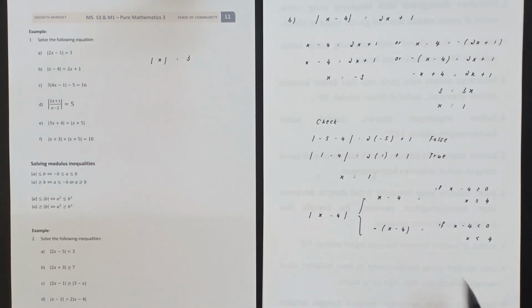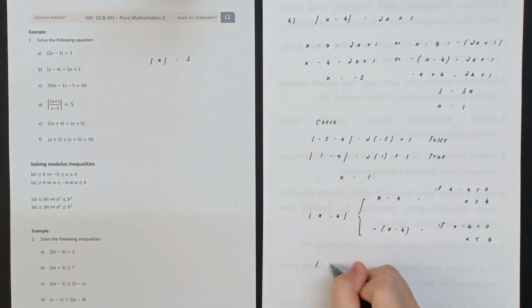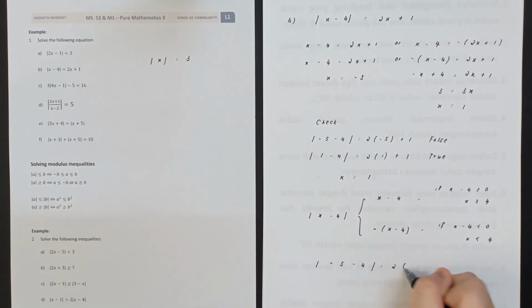So you see, if we try to put it back, then what you can realize is, x equals negative 5: negative 5 minus 4 equals 2 times negative 5 plus 1. So this is how it got wrong, right? So you see, this is negative 9, then this is negative 9. So you can realize here that if modulus of negative 9 is negative 9, then this statement would become correct already.